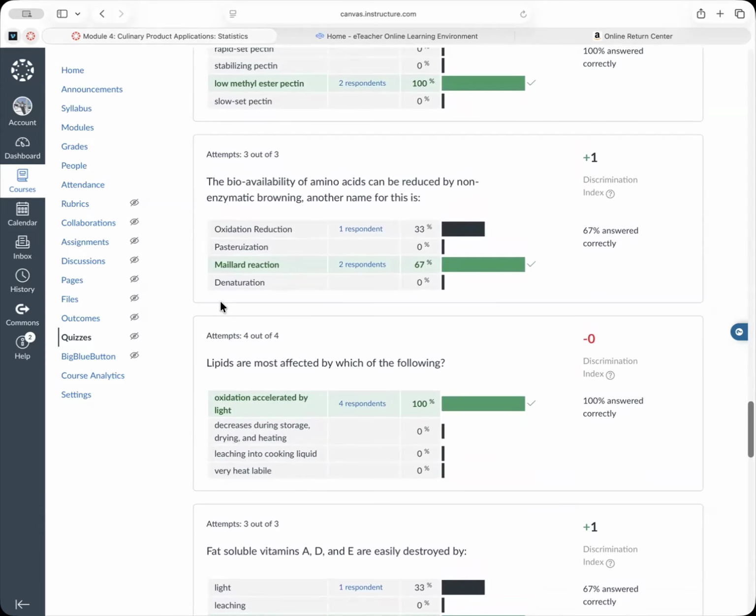Bioavailability means after you've eaten it and digested it, those amino acids can be absorbed.